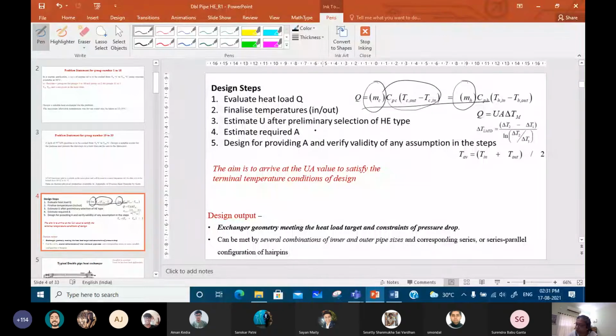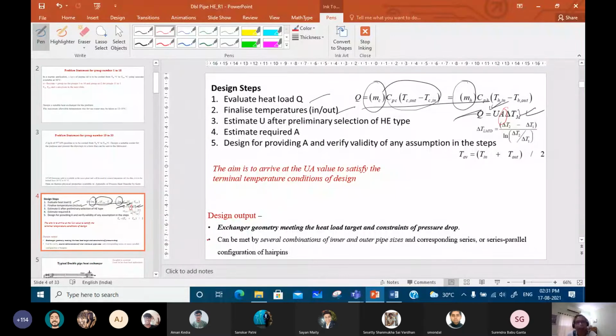Once these two are done, next we come to the rate balance equation. And from here, suppose you know delta Tm, suppose you know U, then in that case, you will be in a position to find out the area of heat transfer. Once the area of heat transfer is done, after that, you need to find out what will be your outer diameter, or rather the diameter of the outer shell or the outer tube, the inner tube, etc. Here you are required to make certain decisions.